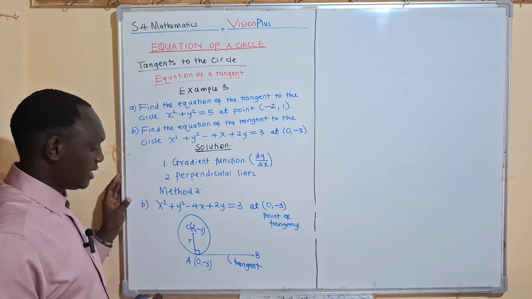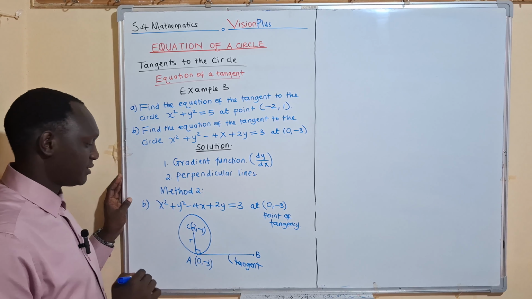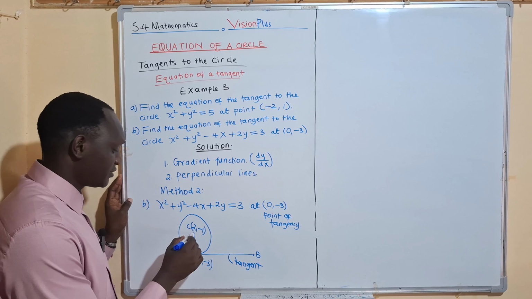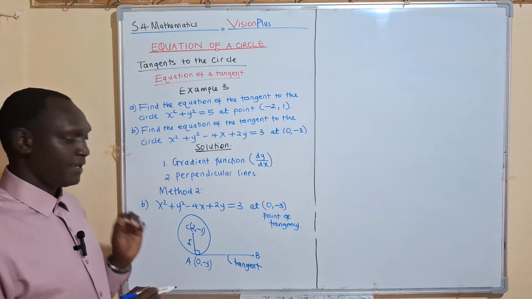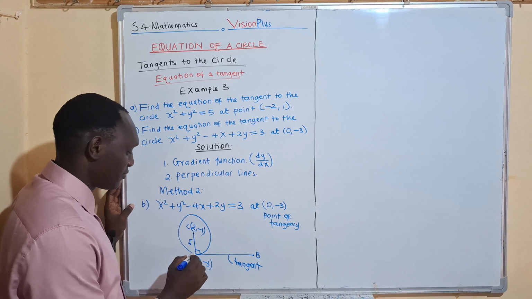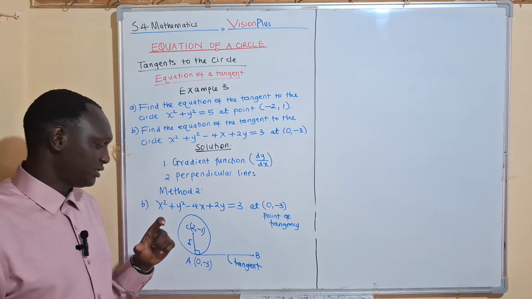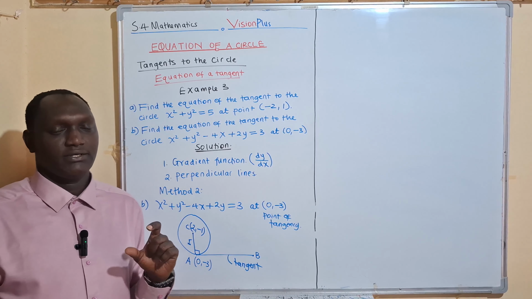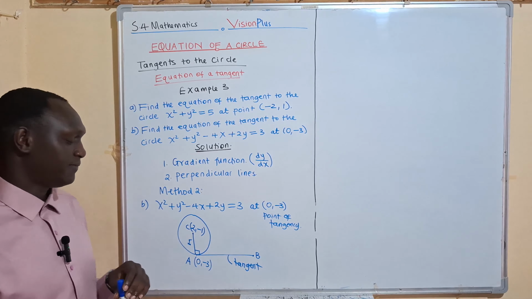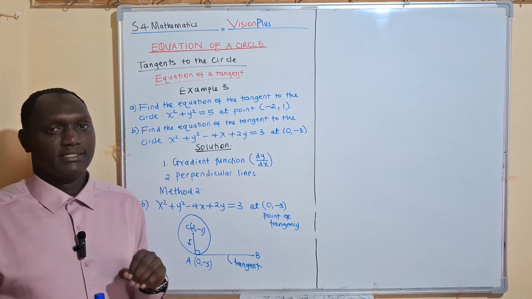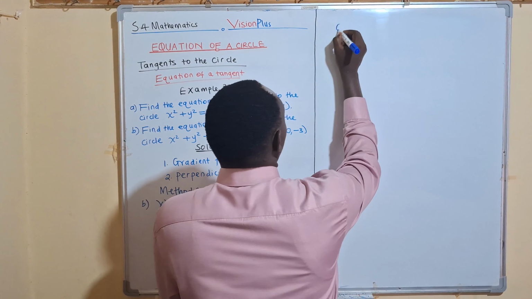Since we have the endpoints of the radius, because this is our radius, not the diameter, and we know that a radius is a line, that means we have 2 points as the endpoints of the line. Then we can get the gradient of the radius. So let's get the gradient of the radius.